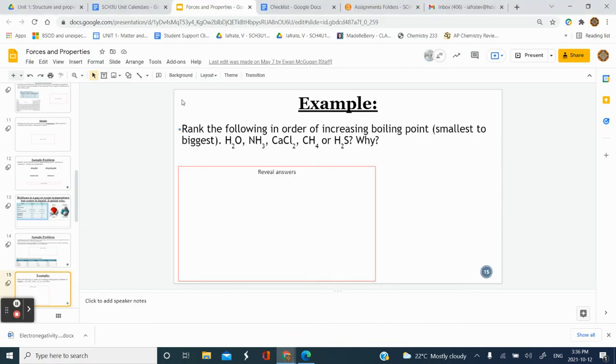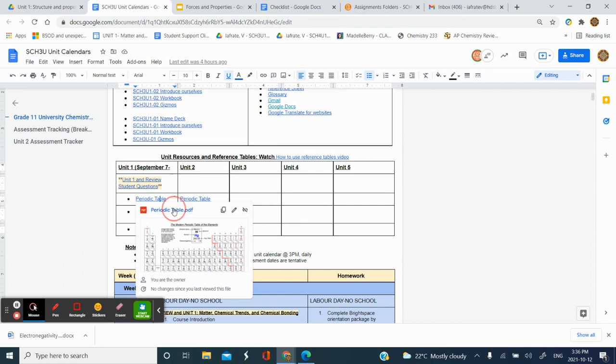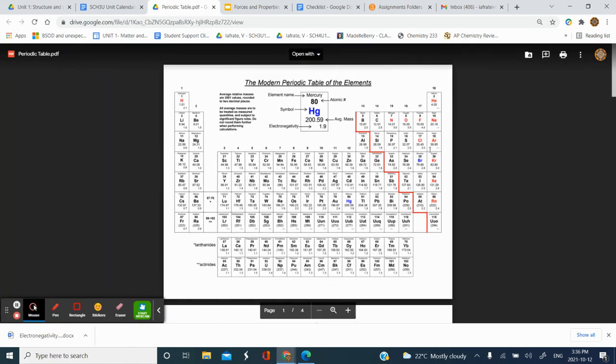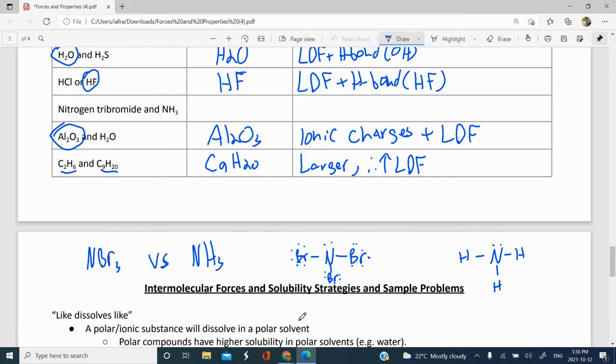So let's go take a look using our periodic table. As it loads here, we have nitrogen is 3 and bromine is 2.8. So if we did the electronegativity difference, we get 3.0 minus 2.8, and so we get 0.2.